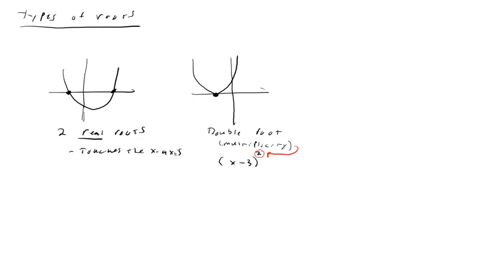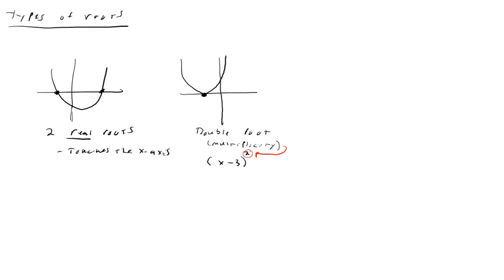This one has 2 separate answers, a and b. This one has one answer that's squared or cubed or something like that. It's a double root. It only touches one time. So we can have real roots, double roots. Last thing we would have is if it doesn't touch. It never touches. Let me try the parabola again.